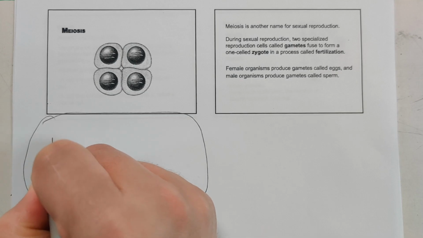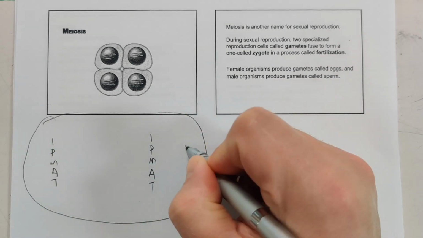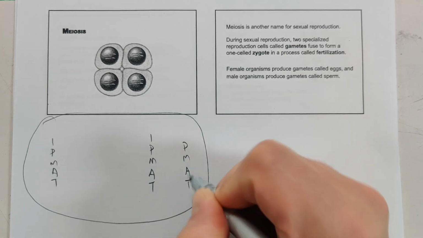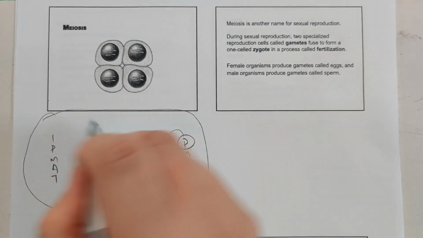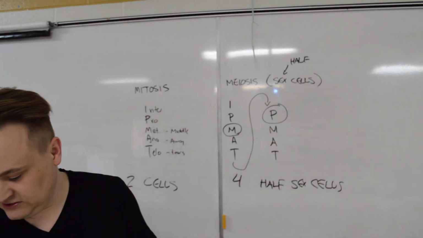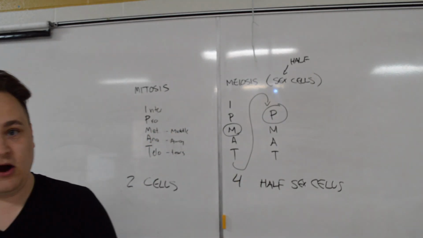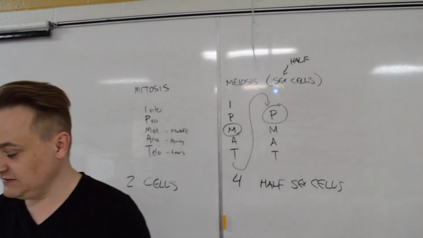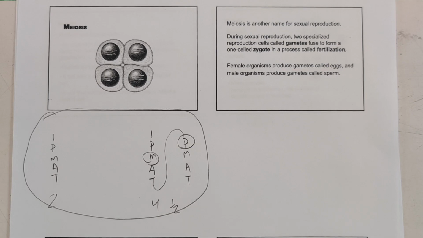Draw the two rounds and the circles, and write down what I've said: 2 cells, 4 half cells, etc. Pause the video for a second if you need, and I'm going to set up the slides again. So your assignment today is going to be to take notes and send me a picture of those notes. So just like usual, right?